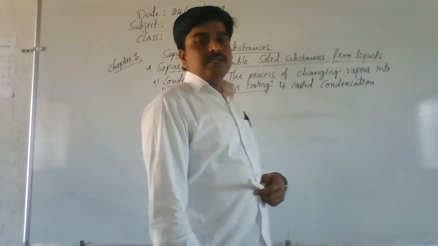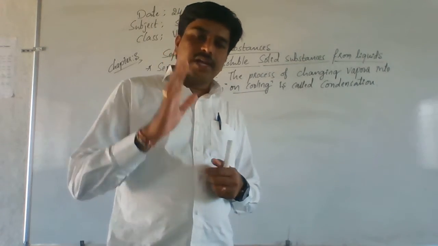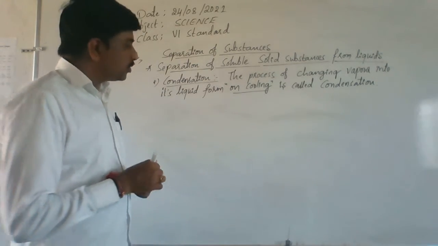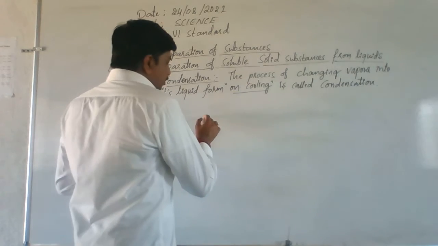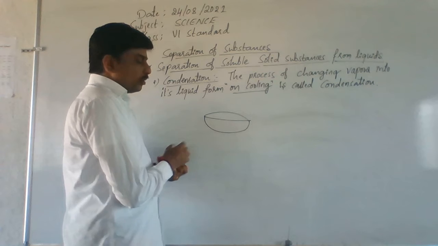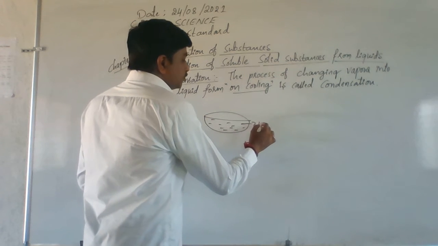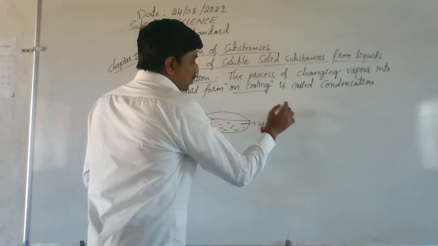I think you might see this process commonly in your kitchen. Very simple activity, try to do this at home also. Take a bowl, a metal vessel, and fill it with water.